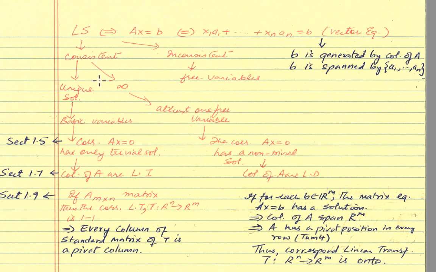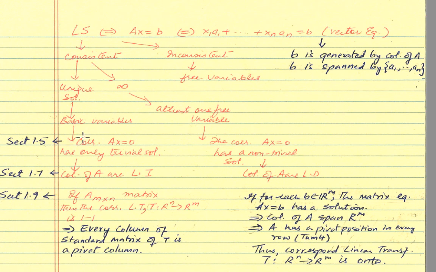If it is consistent, 2 things can happen: either a unique solution or infinite solutions. If it is infinite, that means at least one free variable. But if it is a unique solution, every variable is a basic variable. And if it is inconsistent, it can still have free variables. Remember, consistent means theorem 2 is valid. Very, very important in chapter 1.